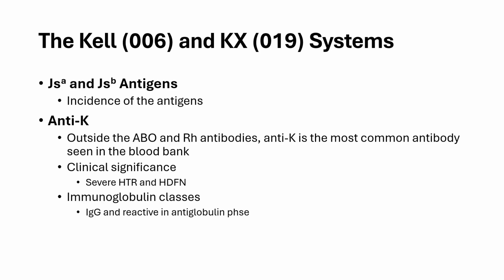For clinical significance, antibodies against KEL antigens, including anti-uppercase K, can cause severe hemolytic transfusion reactions and hemolytic disease of the fetus and newborn. These reactions occur because the antibodies target red blood cells, leading to their destruction. For immunoglobulin class, these antibodies are typically IgG, and they will usually react optimally at the antiglobulin phase, or the Coombs test, which is used to detect IgG antibodies bound to the red blood cells.